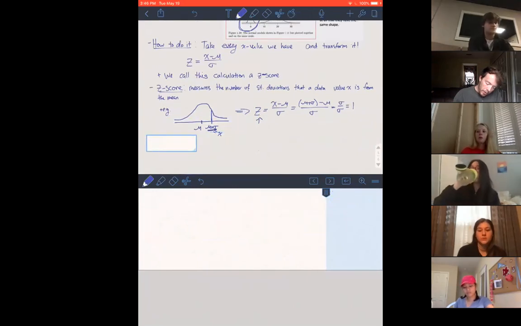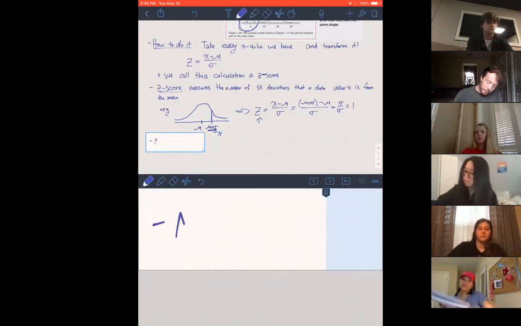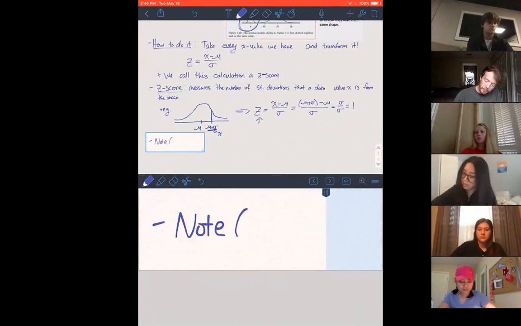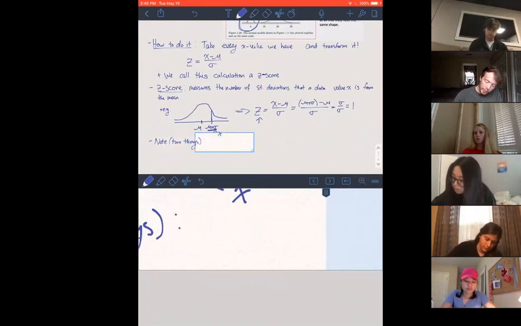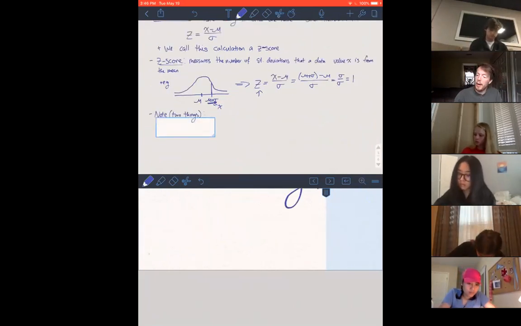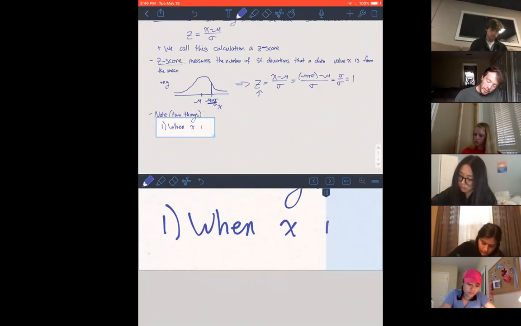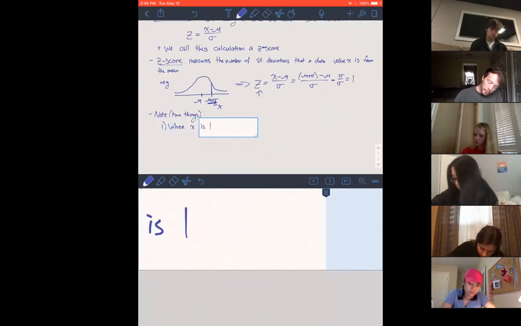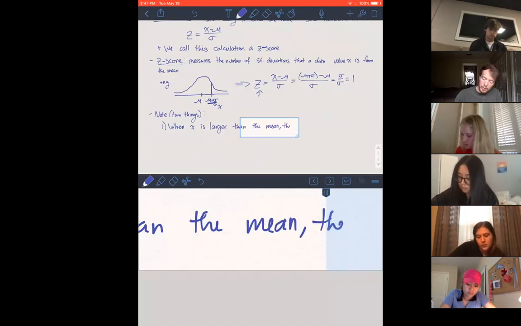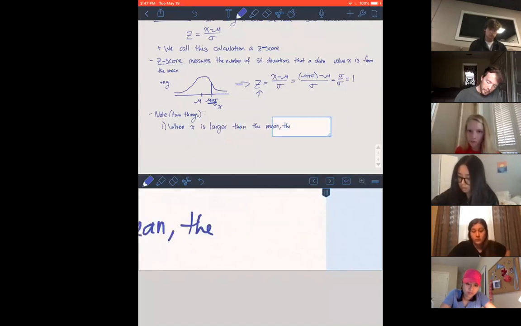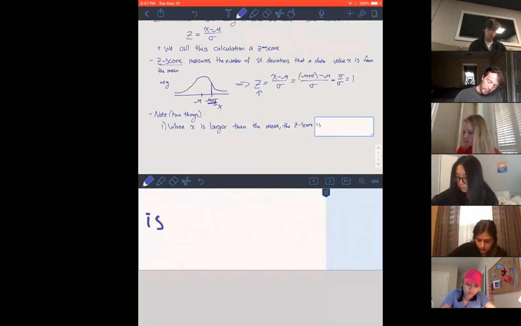Something else to note about our standard normal curve is z-scores do have signs. And what that means is when x is larger than the mean, the z-score is positive.